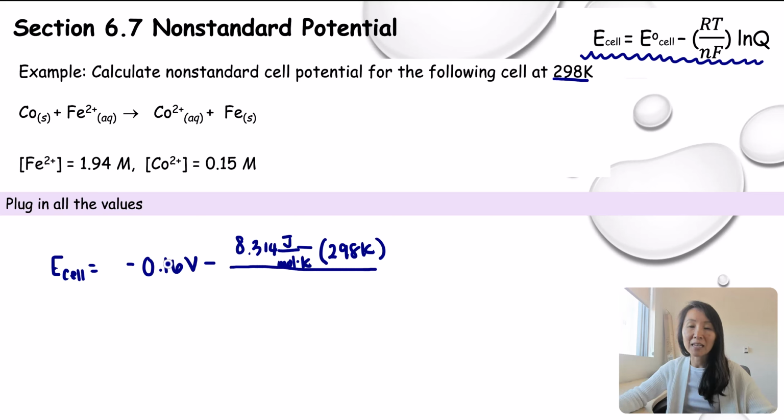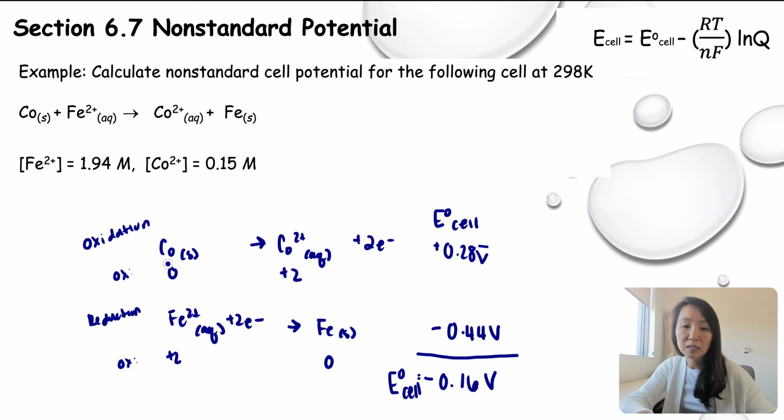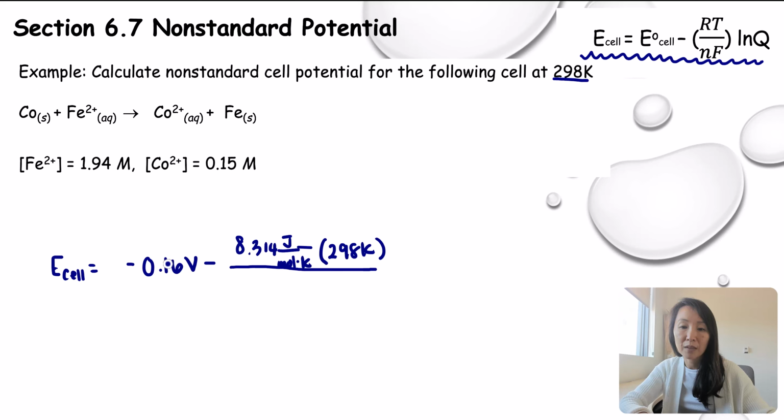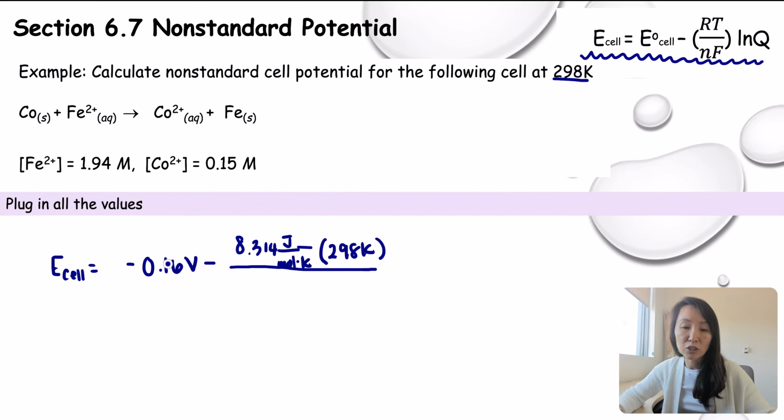What is n? It refers to how many electrons have been transferred. Going back to the slide, we showed that n is actually 2, because 2 electrons are given and 2 electrons are taken in that oxidation reduction process. So here n should be 2.